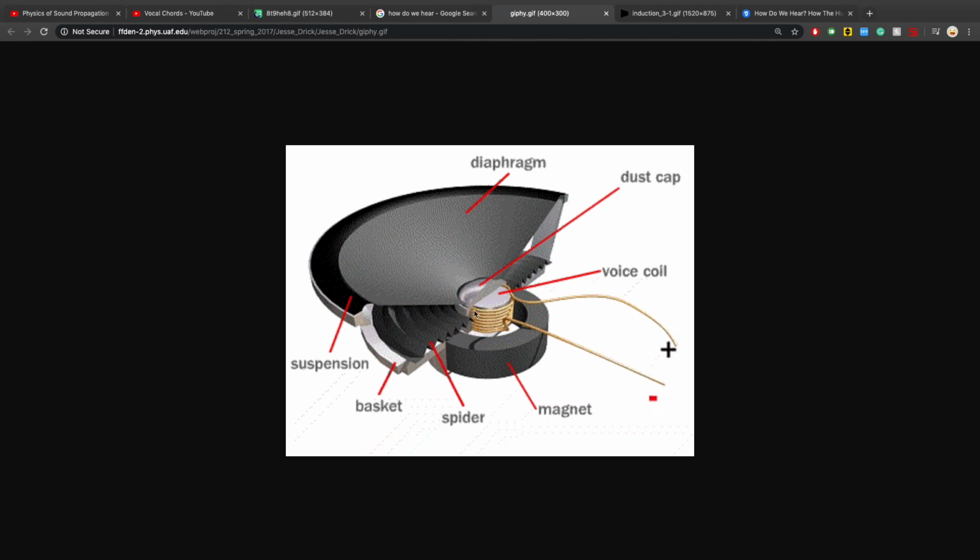Now how the speaker actually moves, you will learn in year 11. So here we have the electrical signal changing into kinetic energy of the speaker going up and down, and then changing into sound energy that you can hear in the air that is vibrating.